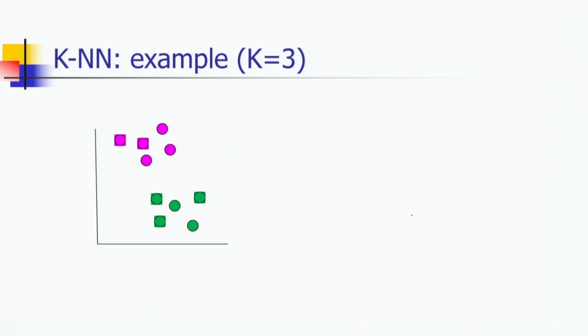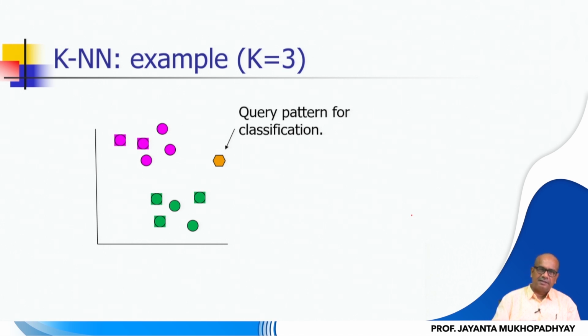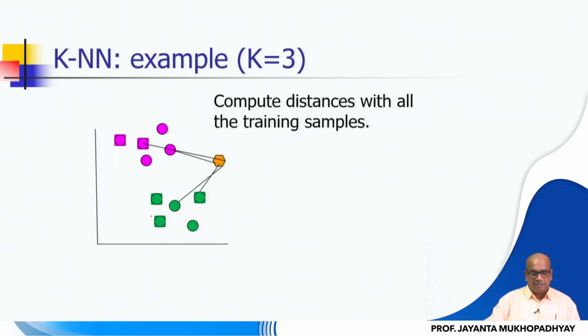So, here is an example. Say you have a k nearest neighbor example. So, there is a query pattern for classification, and you see that these are the representative samples, and by color I have shown their respective classes. Here k is 3.